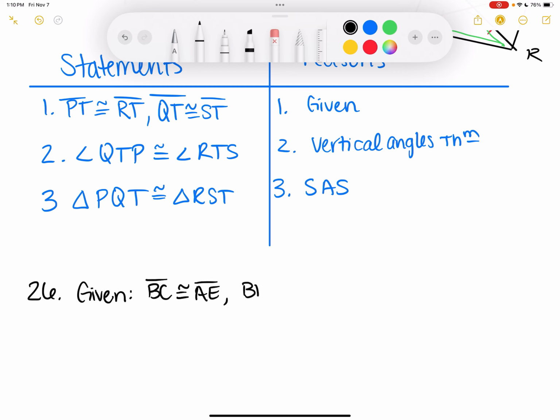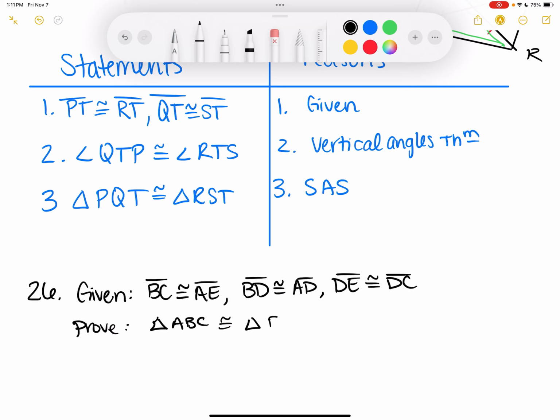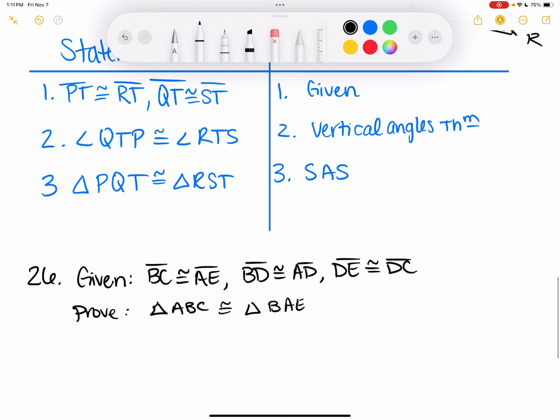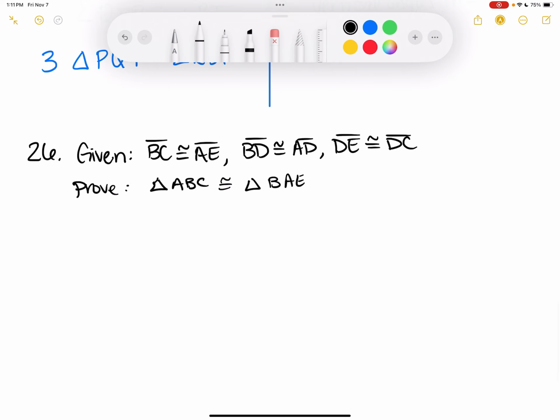BD is congruent to AD. And DE is congruent to DC. And we're trying to prove that triangle ABC is congruent to triangle BAE. And I'll draw our picture here.